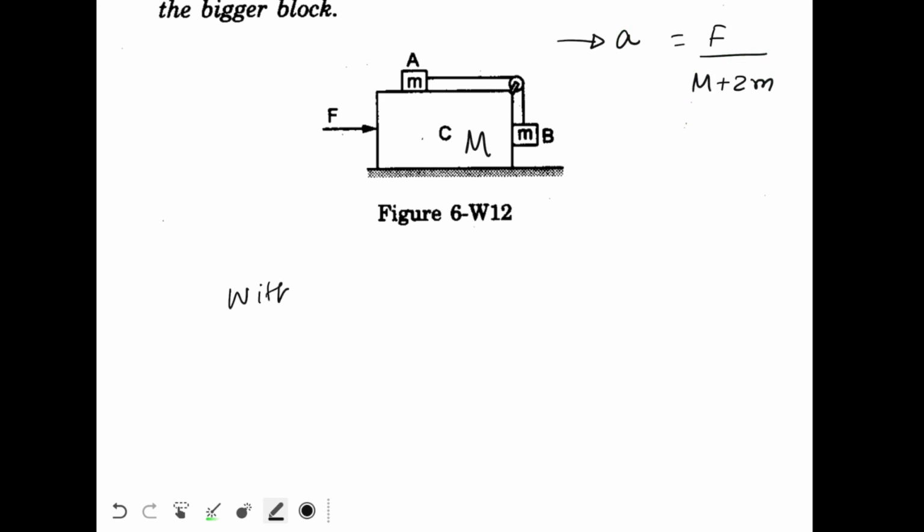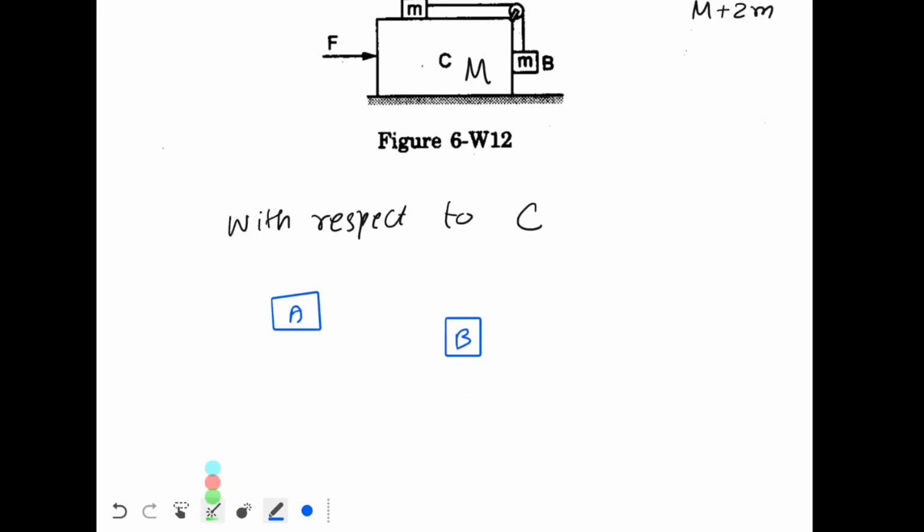Now with respect to block C, we draw the FBD of block A and B. So this is A and this is B. The blocks are not moving with respect to C, right? So they are at rest. So net force should be 0. So let's see.